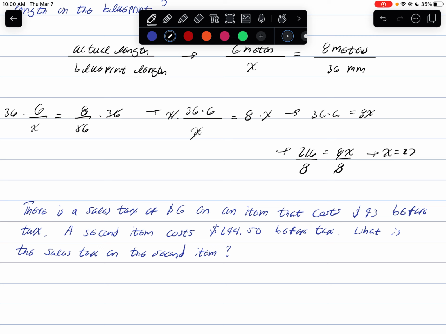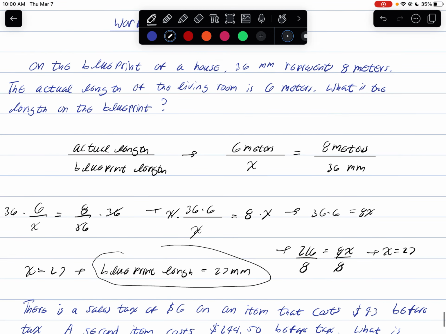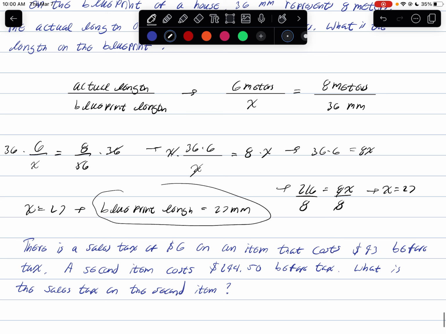So X is equal to 27 implies that the blueprint length equals 27 millimeters. We're looking for the length on the blueprint. The blueprint length is 27 millimeters if the length is 6 meters.